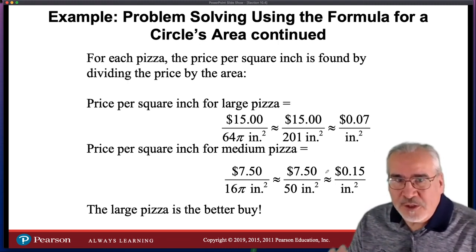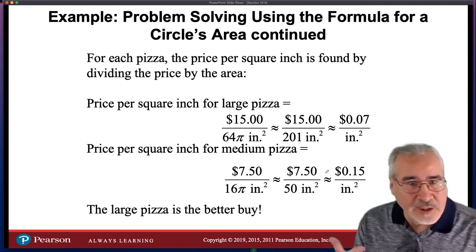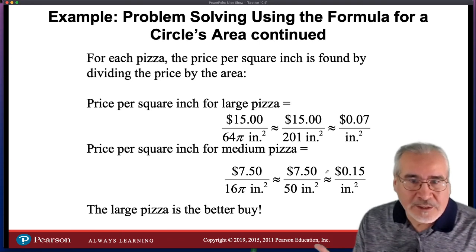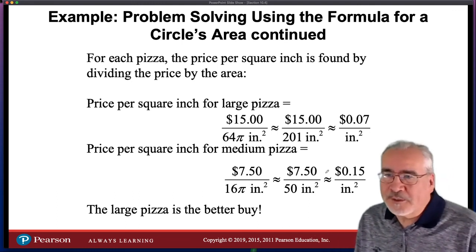So that's how you're going to use these formulas to find area of circles, circumference of circles, and then areas of triangles, parallelograms, rectangles, squares, even trapezoids. So we can do it all.